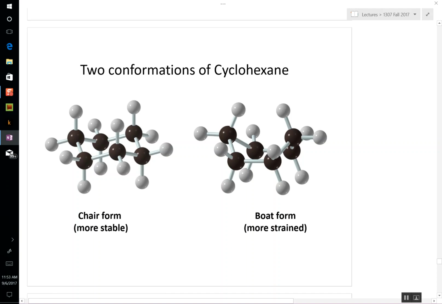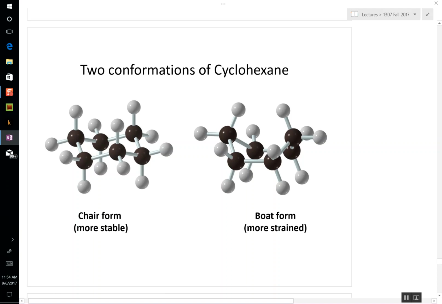It's probably a little more comfortable, a little lower energy for it to be in the chair because things kind of want space around them. These hydrogens are getting close to each other in the boat. It could end up being forced into that for some reason, but it might be a little more comfortable like that.